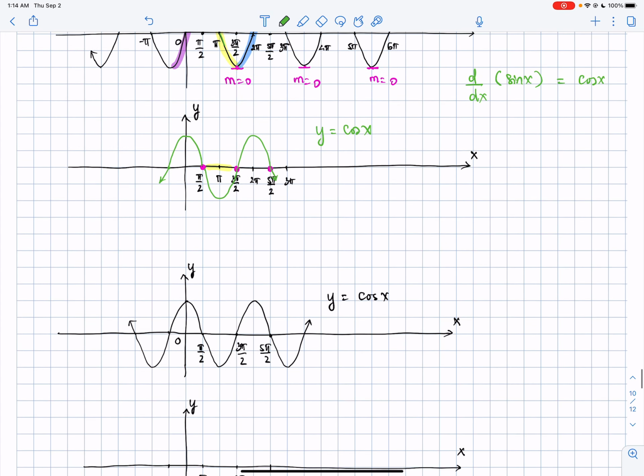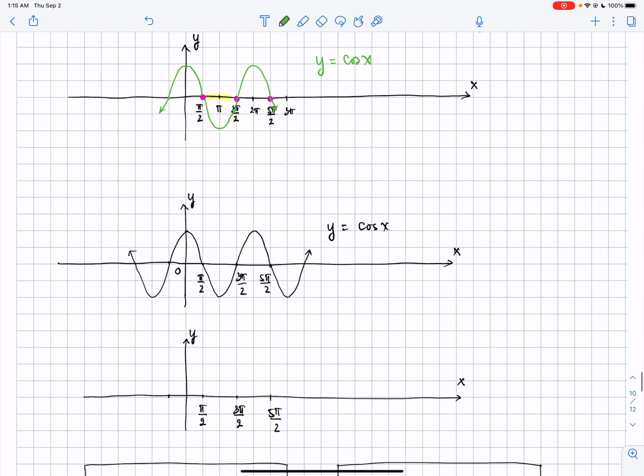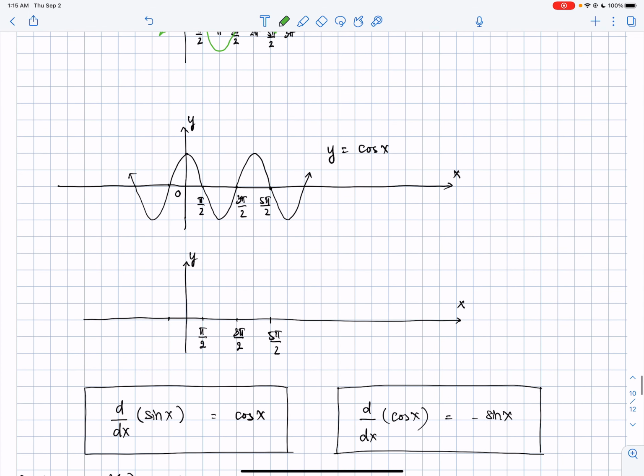And similarly, if I have the function cosine of x and I want to draw the graph of the derivative, let's pay attention to those points again where the tangent line is horizontal and the slope is 0.